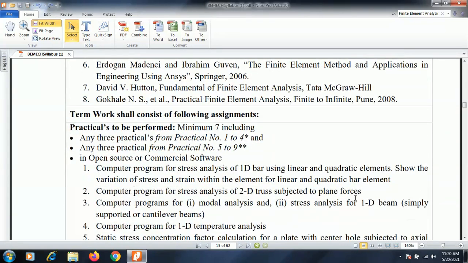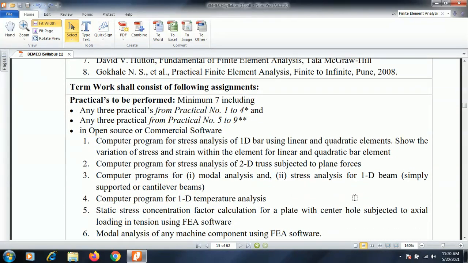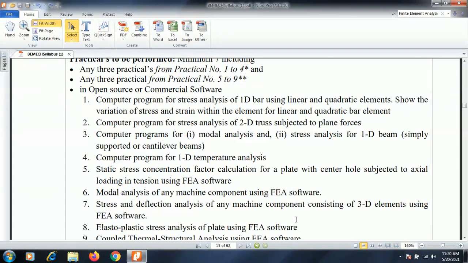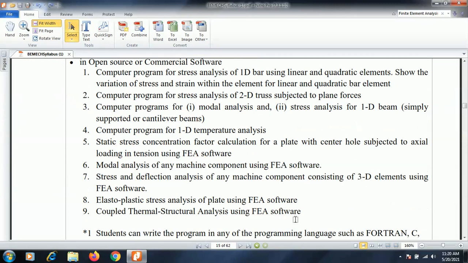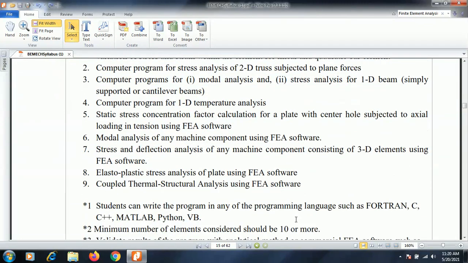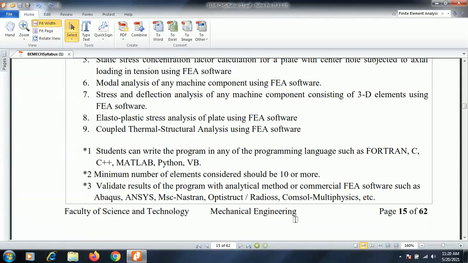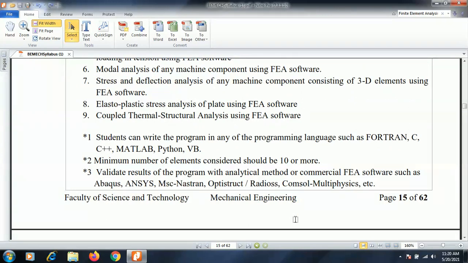Yes, it does have an external term work of practical performance. You can see computer program, stress analysis, and modal analysis included, which you can do on ANSYS software. Here the list of programming software as well as analysis software has been mentioned.